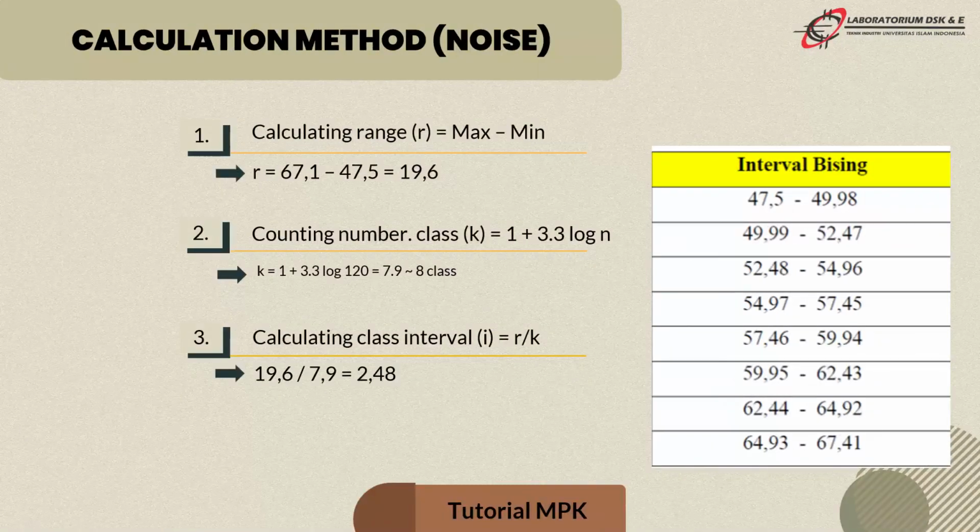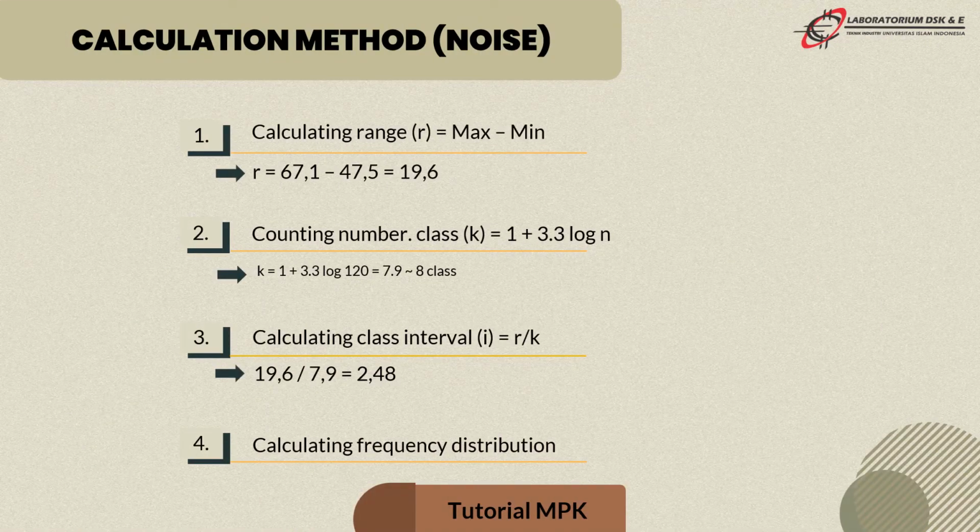After that, we can calculate the interval of the class. This is the I value, obtained from R divided by K. So we got 2.48. Then with this interval value, we can make the noise interval like this table.